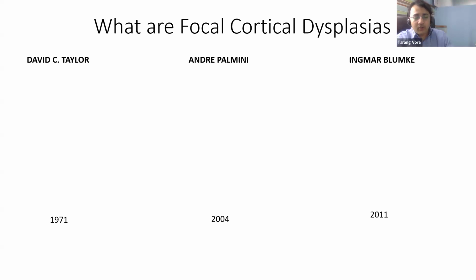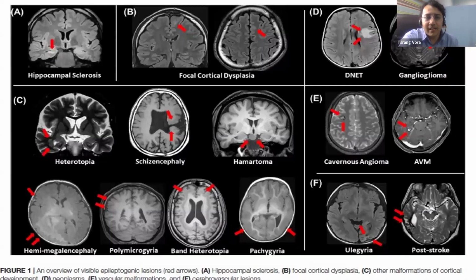So the point of image post processing is to identify focal cortical dysplasias. The other aspects, like a tumor or an AVM or an angioma, are easily identified on imaging and can be treated.